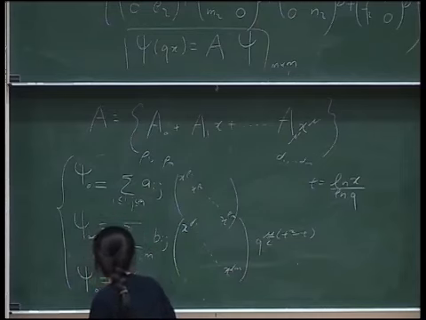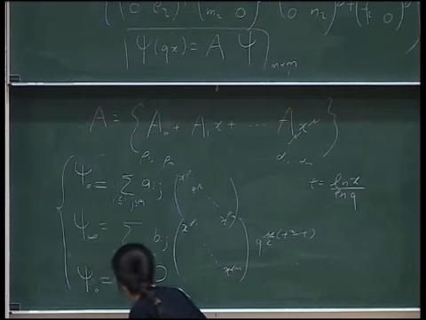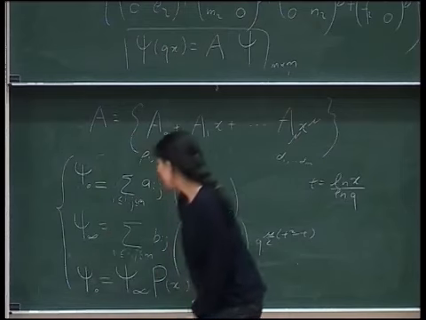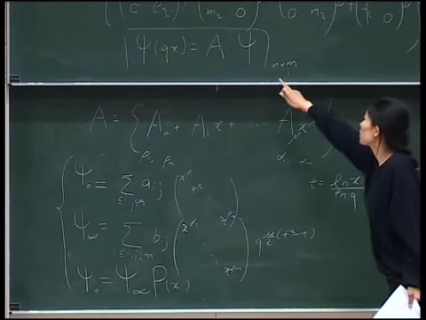To solve this linear system, because it can always have expansions, you need to have a connection matrix which connects the two expansions. So this solves the linear problem.